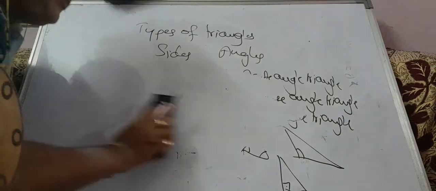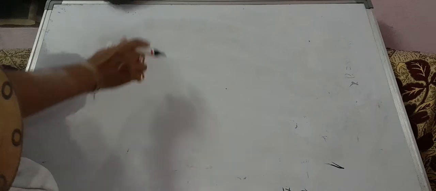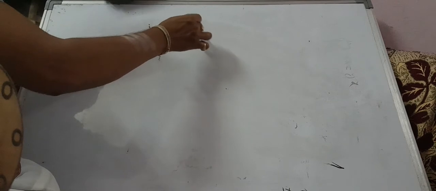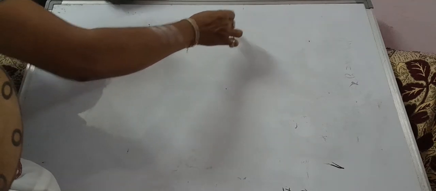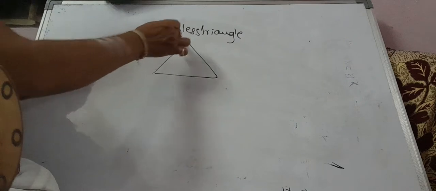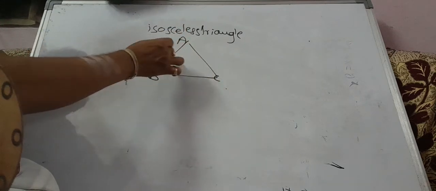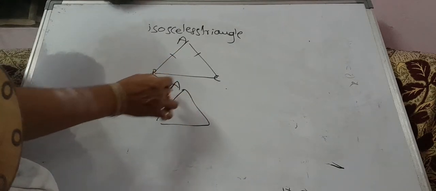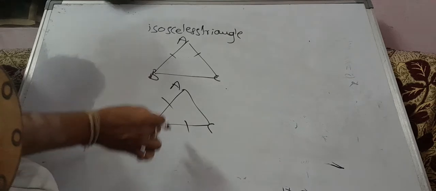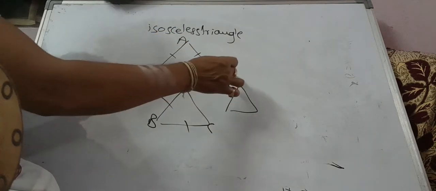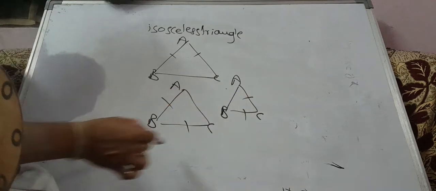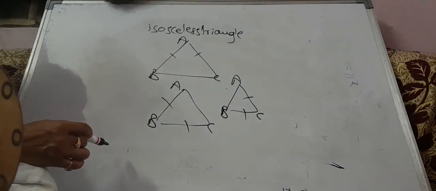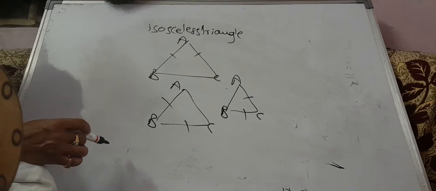What I will do is explain you in detail once again. First, according to sides, isosceles triangle. In any triangle, if any two sides are equal, AB, BC, or AB, AC, or AC, BC, these three are examples of isosceles triangle.